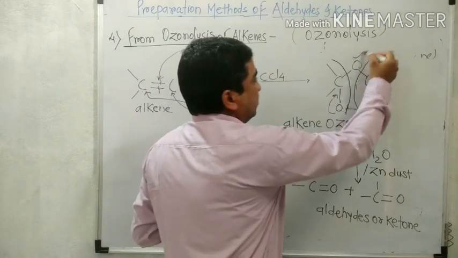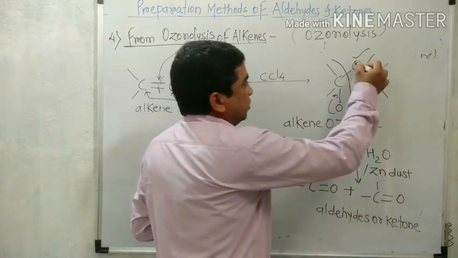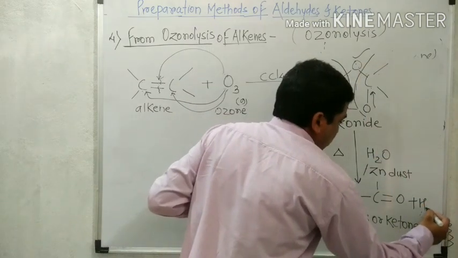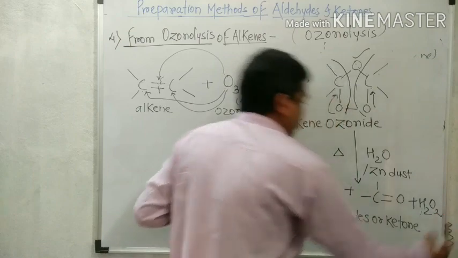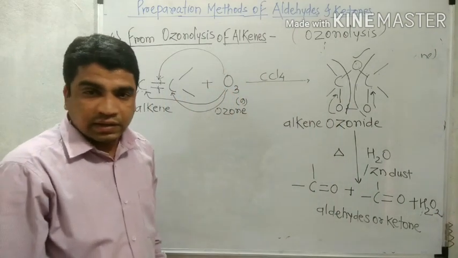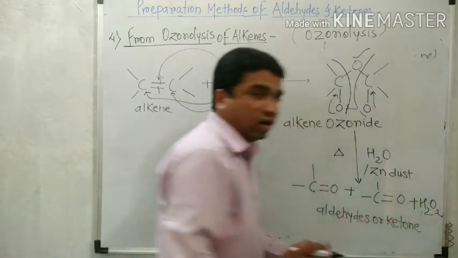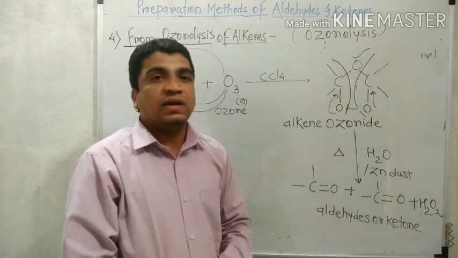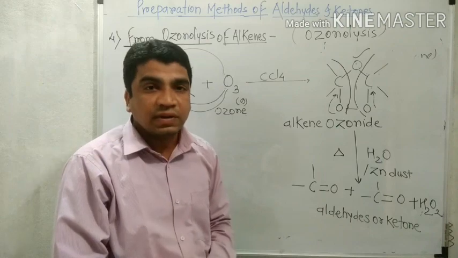What remains? Only one oxygen atom. This oxygen combines with water, H2O plus O, giving H2O2, hydrogen peroxide. That hydrogen peroxide is an important note for the reaction. Why is zinc dust used as a catalyst in the second step?